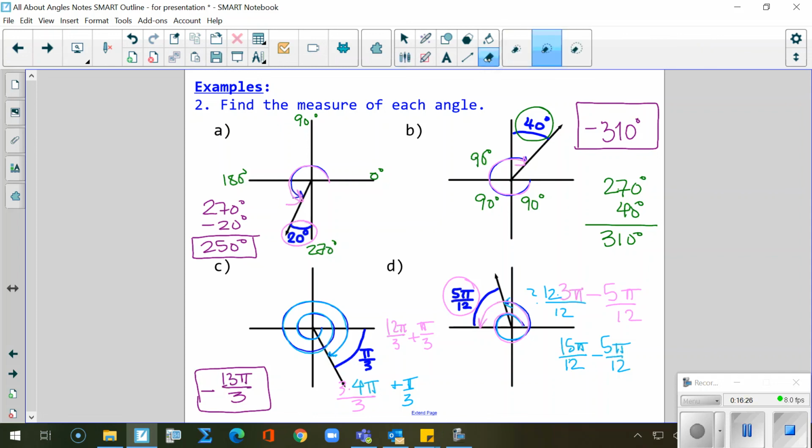I'm sorry. I have to multiply right here. I was looking at that like, what's going on? 36 pi over 12 minus 5 pi over 12 is 31 pi over 12, and it went in a positive direction.